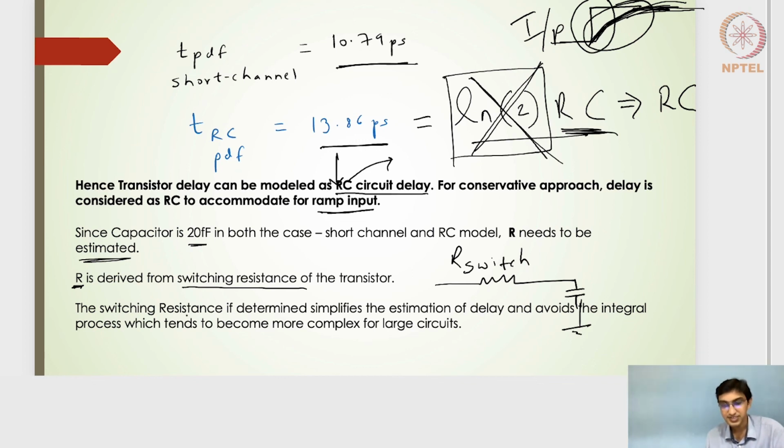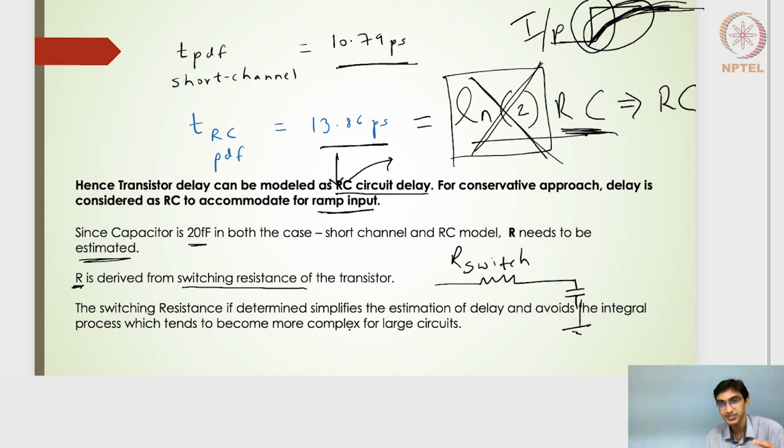So the switching resistance, if determined, simplifies the estimation of delay and avoids the integral process, which tends to become more complex for larger circuits, right? So hopefully you have understood this. It is quite clear. What we really want from here on is finding out a switching resistance of the transistors which are used in the circuits, maybe an inverter circuit or any other digital circuit.